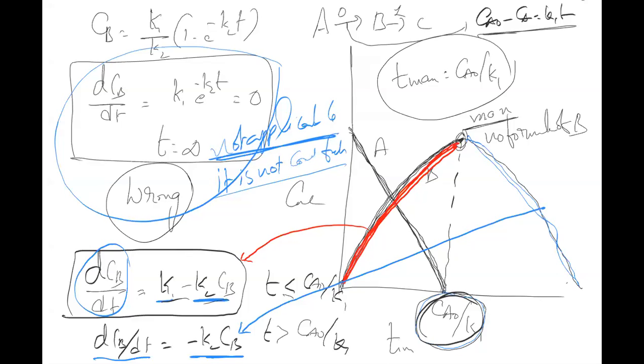Somebody is asking how to calculate the volume of a batch reactor for a given conversion, since we are not having the volume variable. We do have the volume variable in the batch reactor also. In a GATE question, if it is a gas phase reaction, then volume variable he will ask. If it is a liquid phase reaction also, we can calculate the volume. It's not that we can't calculate the volume of the batch reactor.